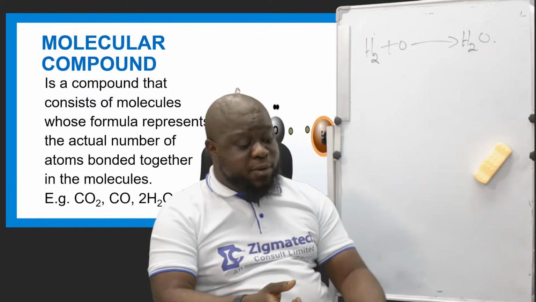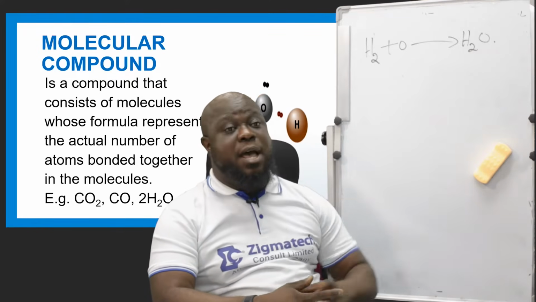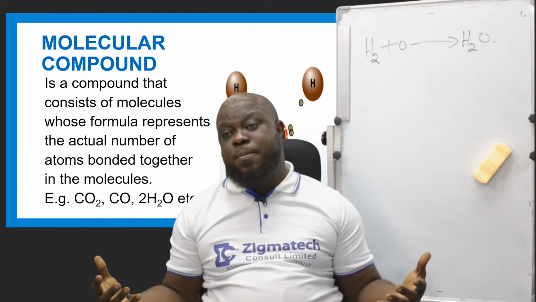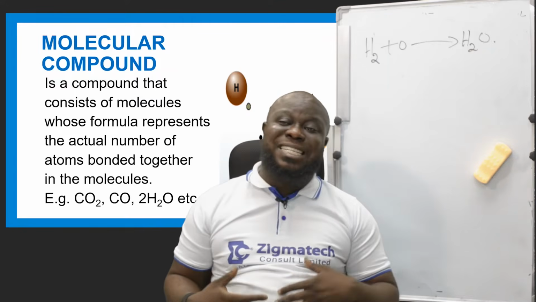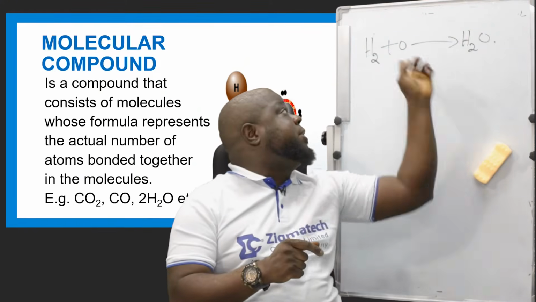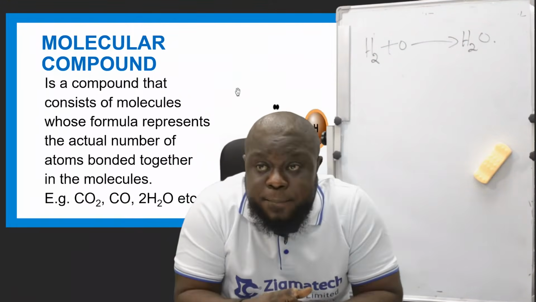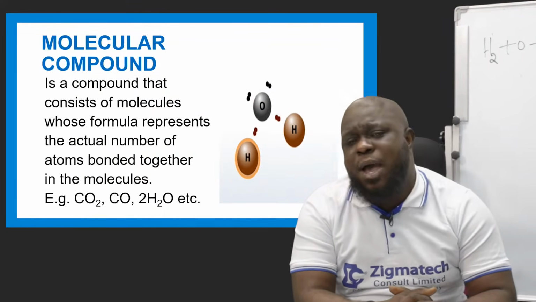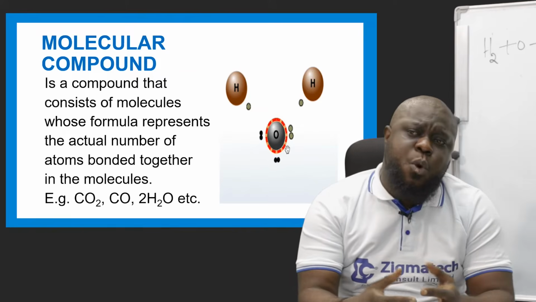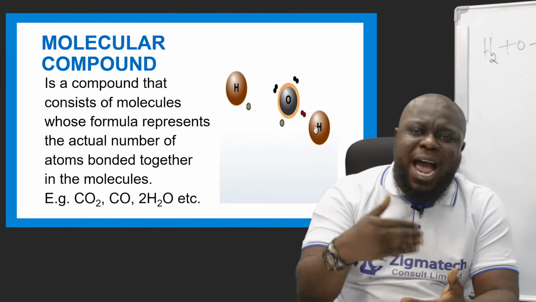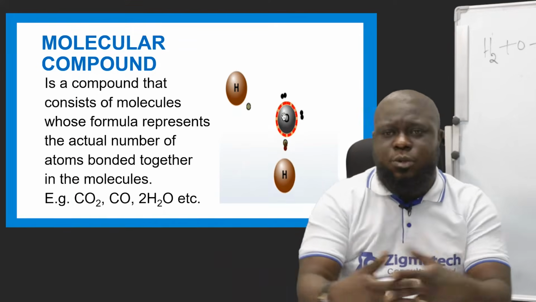If you check the actual number of atoms bonded together in water, as you can see, is clearly stated. You know that it is 2 atoms of hydrogen, or you know that it is hydrogen molecule that bonded together with the oxygen to form water. As you can see, we have the carbon dioxide, we have the carbon monoxide, and we have the water. As you're seeing it, from the particular compound, you know the actual number of atoms that were bonded together.